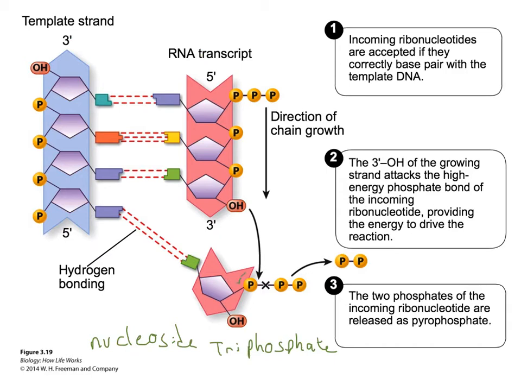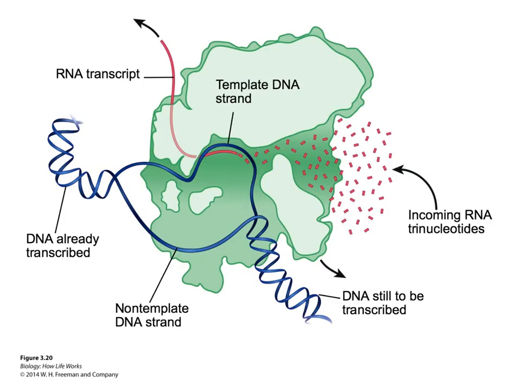This is its 5' end here. So we're basically going to take this thing and attach it right here. Okay, and the only nucleoside that can fit in here is one that is complementary to this base here. So if this is an A, this is a U.